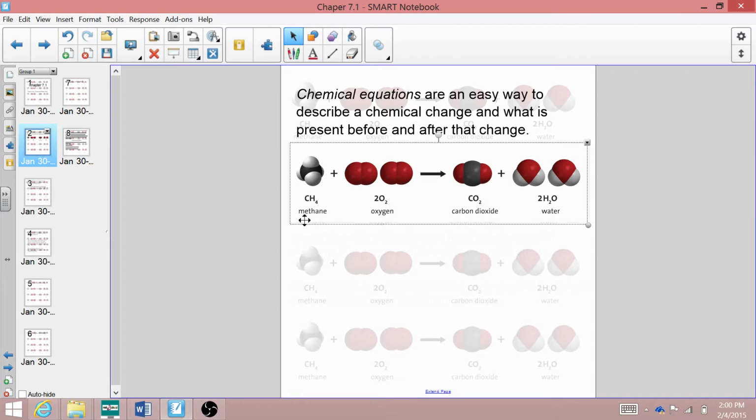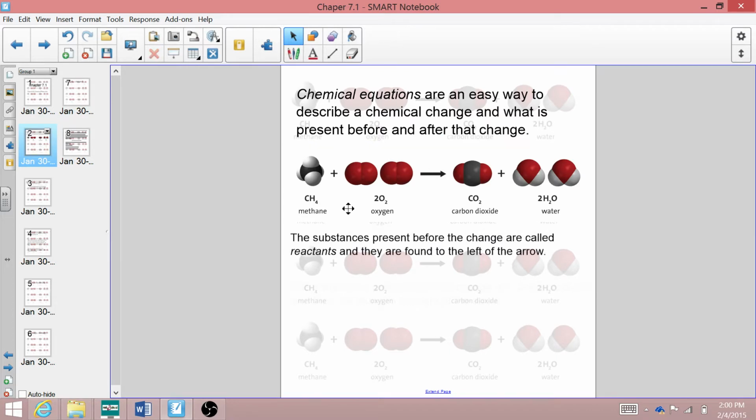Now, when we write chemical reactions, we're not going to draw the molecules out. We're actually going to write out the formulas, whether it's a covalent molecule or an ionic compound. Now, the substances found on this side of the equation are called the reactants. This is what we start with.